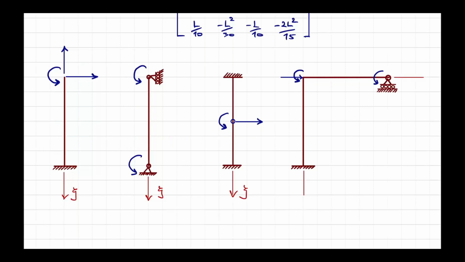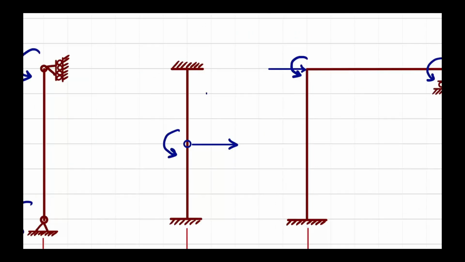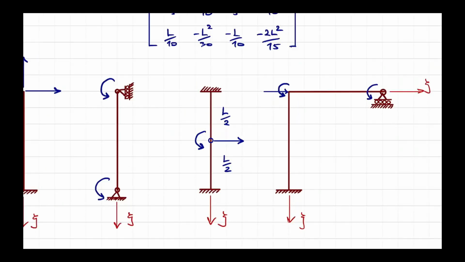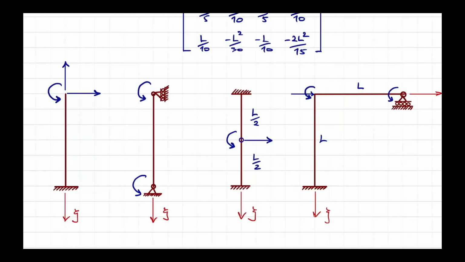So this is the last one. And there, this is the L over 2 and L over 2. This is the L. Let's make this one L as well. L and L.